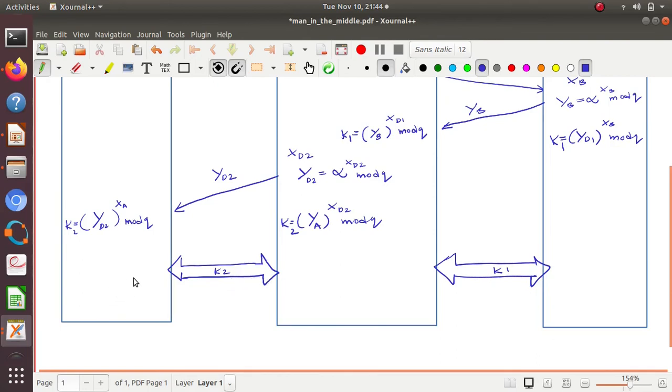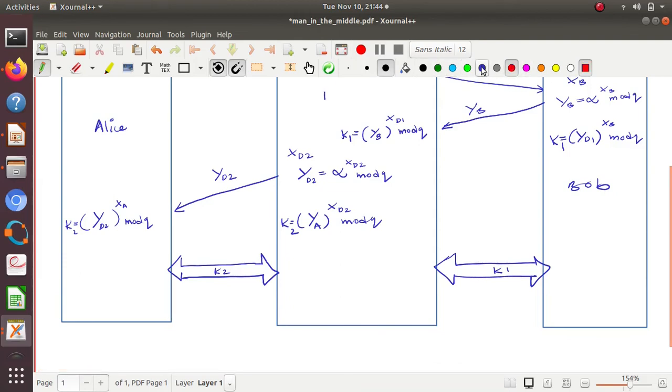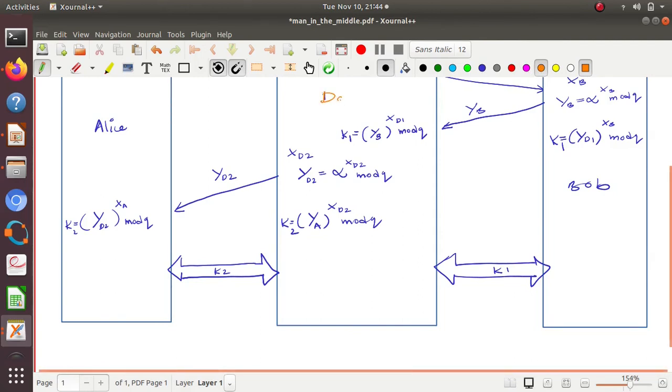Assume that this is our Alice, this is Bob, and this is our attacker Darth. Assume that Alice wants to transmit a message to Bob with symmetric encryption.